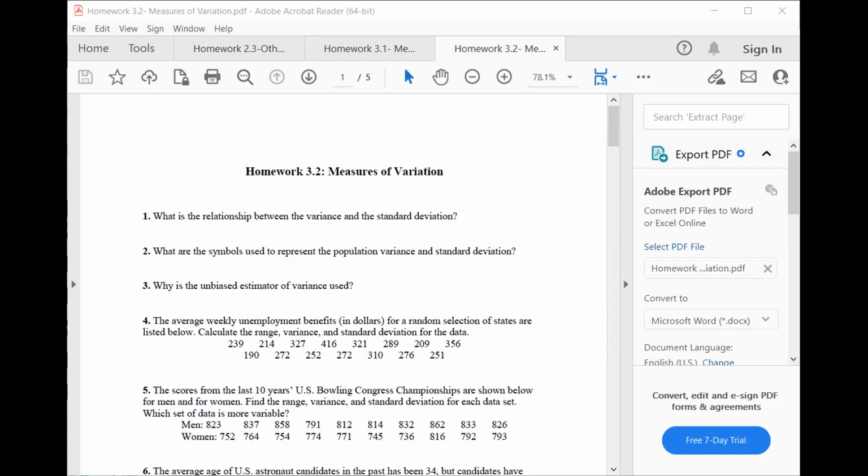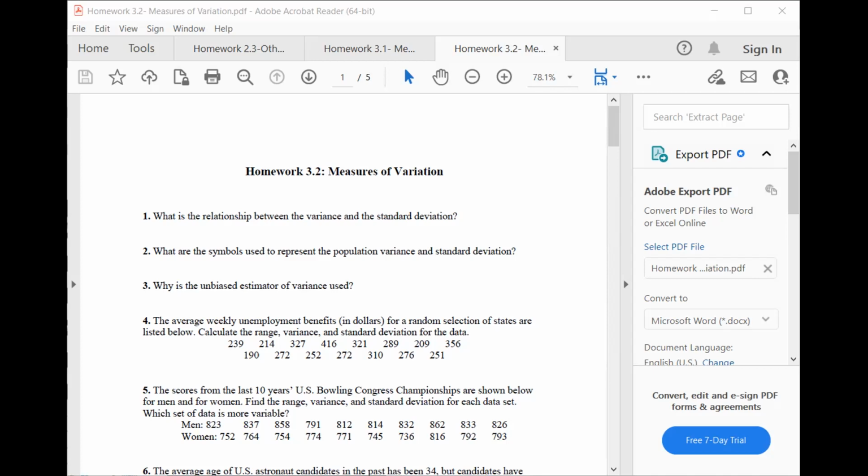And if you look down here on slide number 4, it says the variance is S squared and the standard deviation is S. So that means if I have one of those, I can get the other one, okay?